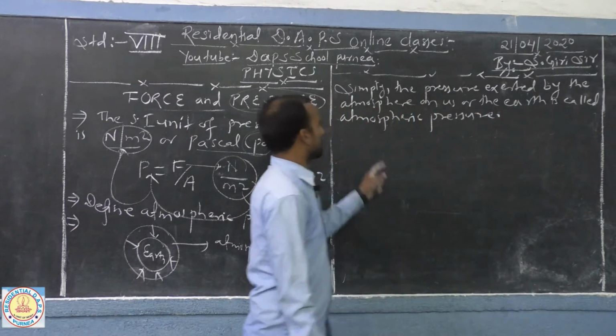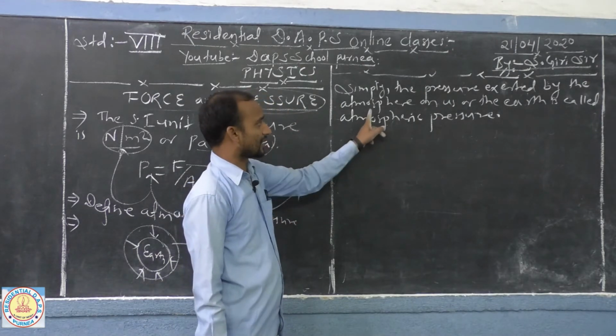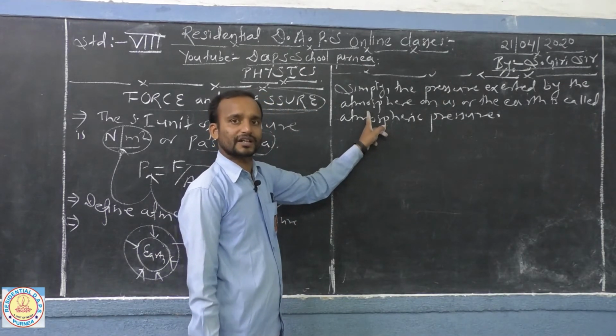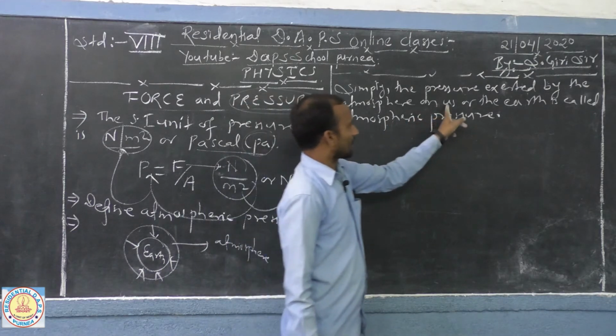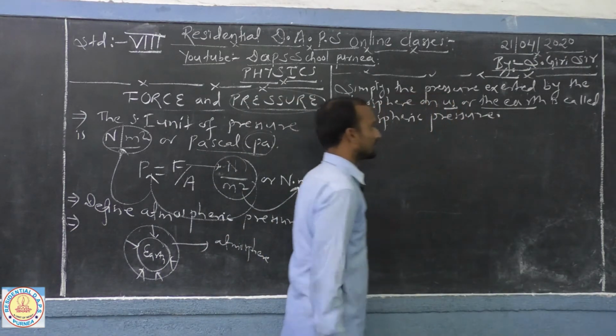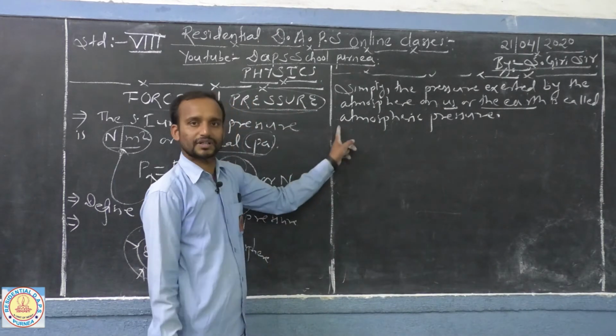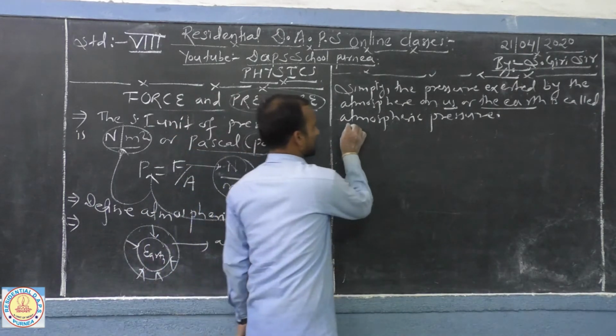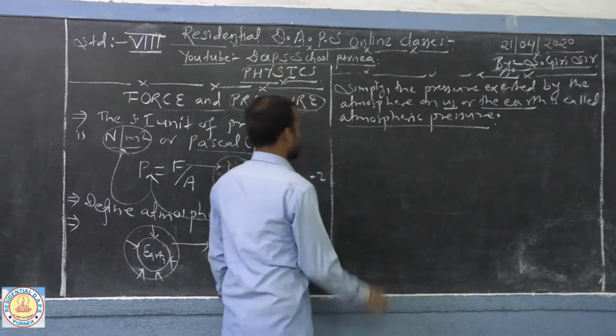It means the pressure exerted by the blanket of different gases, which acts on us and also on the earth. So this pressure exerted by the atmospheric layer is known as atmospheric pressure.